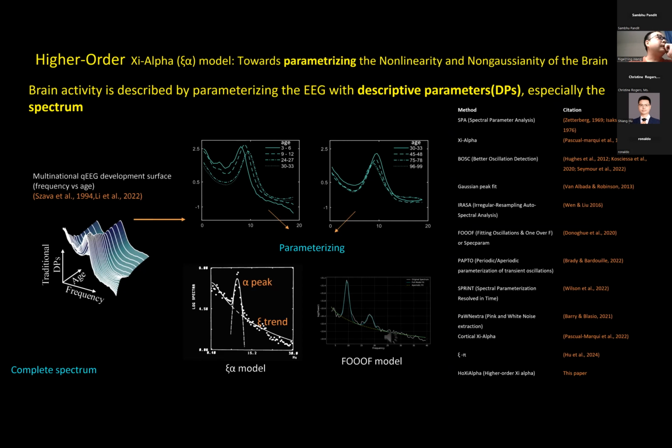So the parametric method is very useful here. Here are two examples that parameterize the spectrum, like the Xi-alpha model and the FOOOF model. And this is the list of studies that parameterize the spectrum, specifically the EEG spectrum.